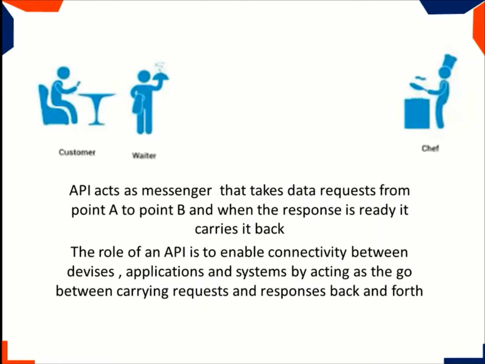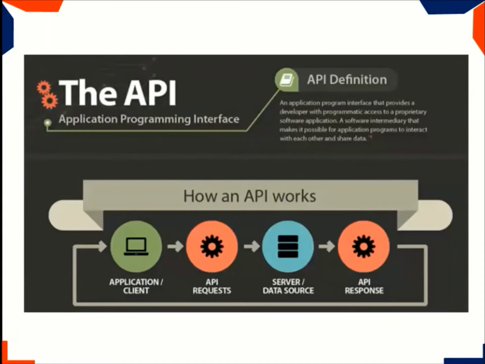API makes it possible. In simple terms, you have the API client, the application. You send the request, it goes to the server where the data is stored, and the server gives the response, and the API delivers it back to you as the response.